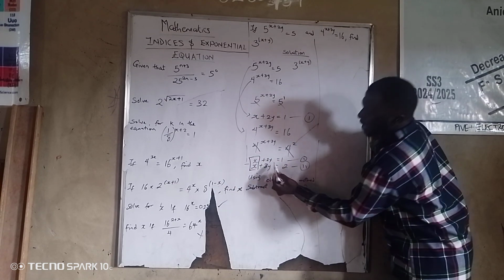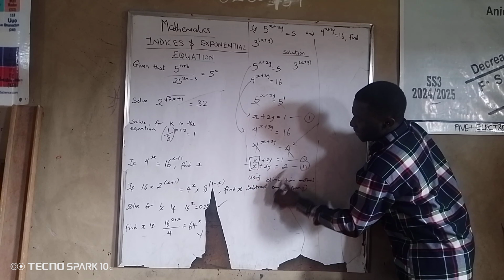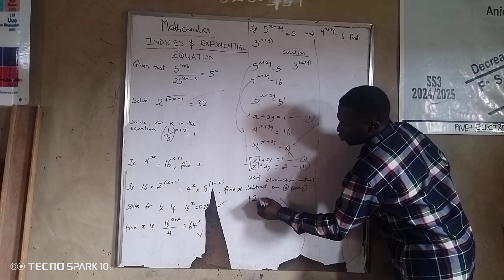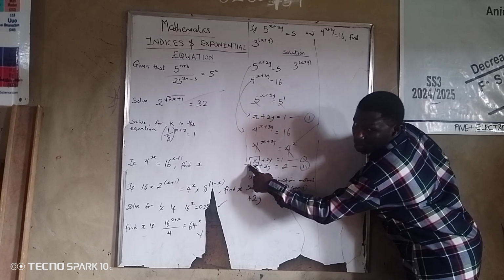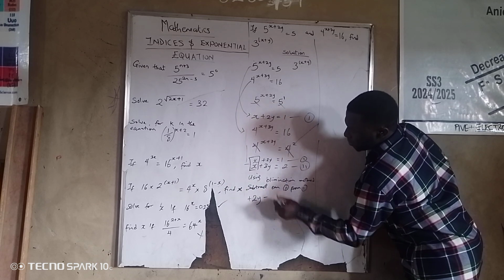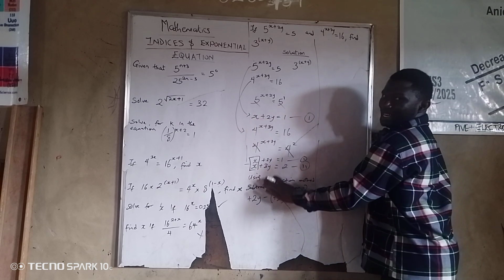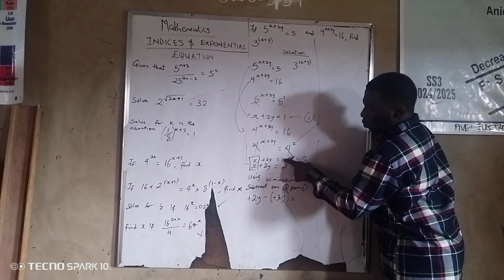Now we are left with plus 2y minus plus 3y on the left hand side, equals 1 minus 2.